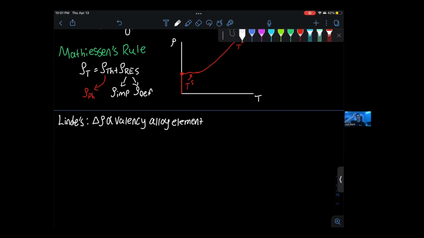Meaning if I had a matrix of copper and I added something with a low valence of electrons, it wouldn't add to resistivity as much as if I were to add something with a high amount of valence electrons. We also have Nordheim's rule, which is just a mixing rule, believe it or not. It says resistivity is equal to the mole fraction of A times the resistivity of A, plus the mole fraction of B times the resistivity of B, plus some constant C, multiplied by XA, XB.